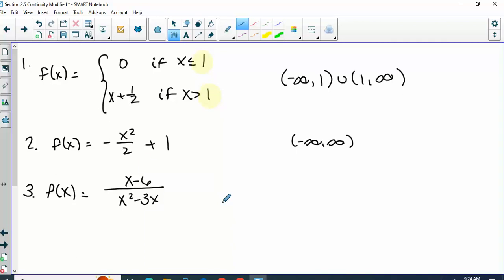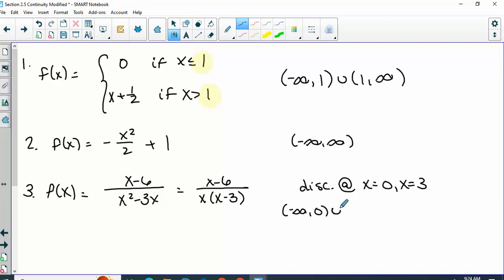The fraction. Let's factor the denominator. So we can take out an x. x minus 3. So where is this thing discontinuous? So it's continuous everywhere else. Negative infinity to 0, between 0 and 3, and bigger than 3.